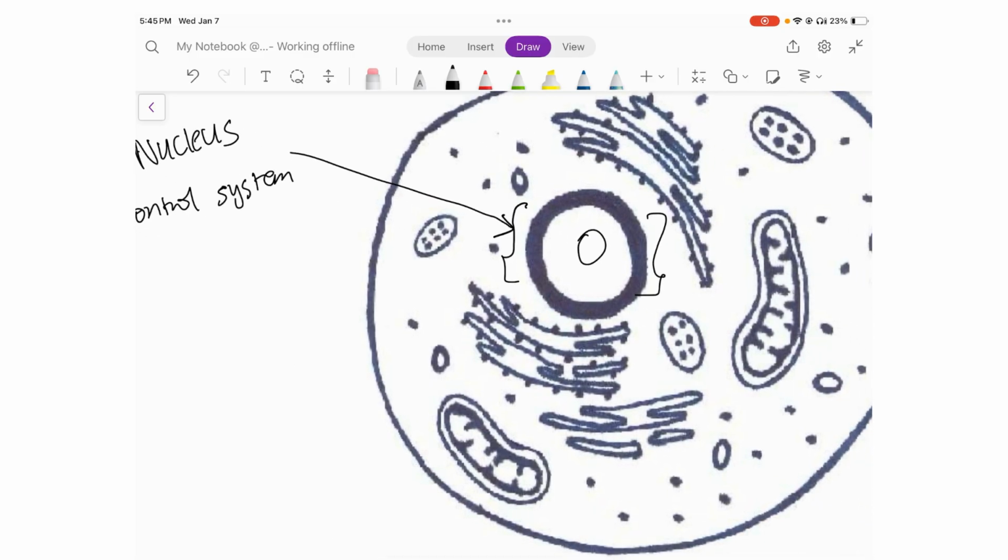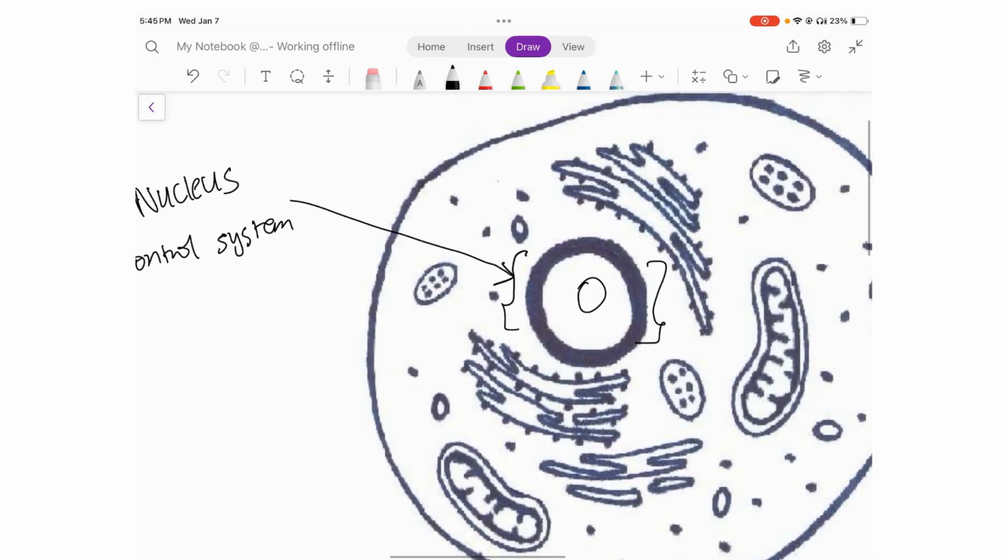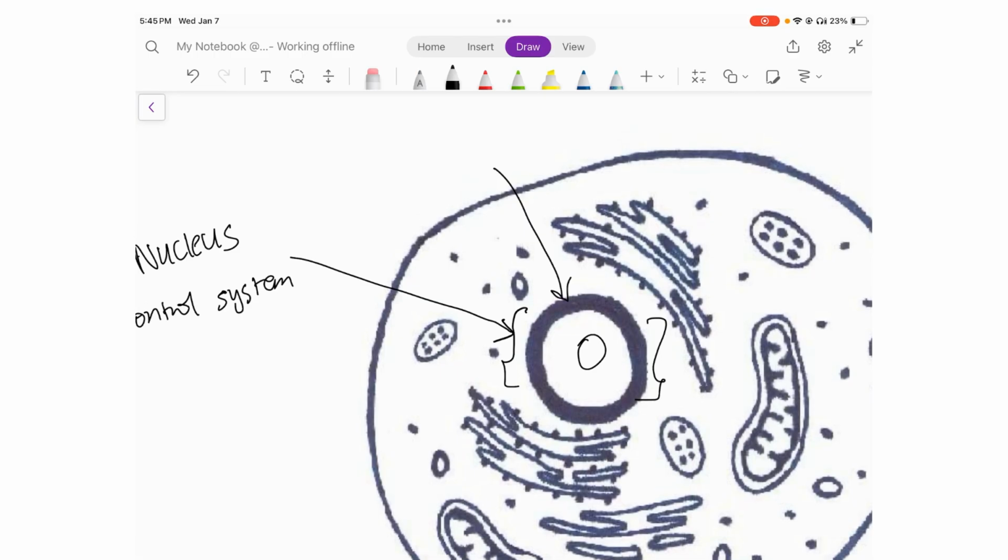Now this membrane-like structure over here, the outer layer of the nucleus, is known as the nuclear envelope. So the nuclear envelope is a double membrane. One here, then one here.